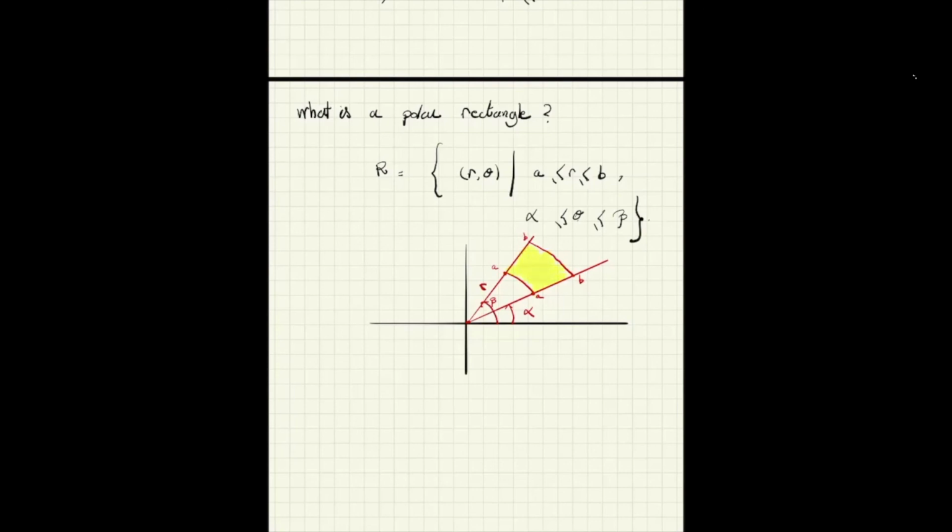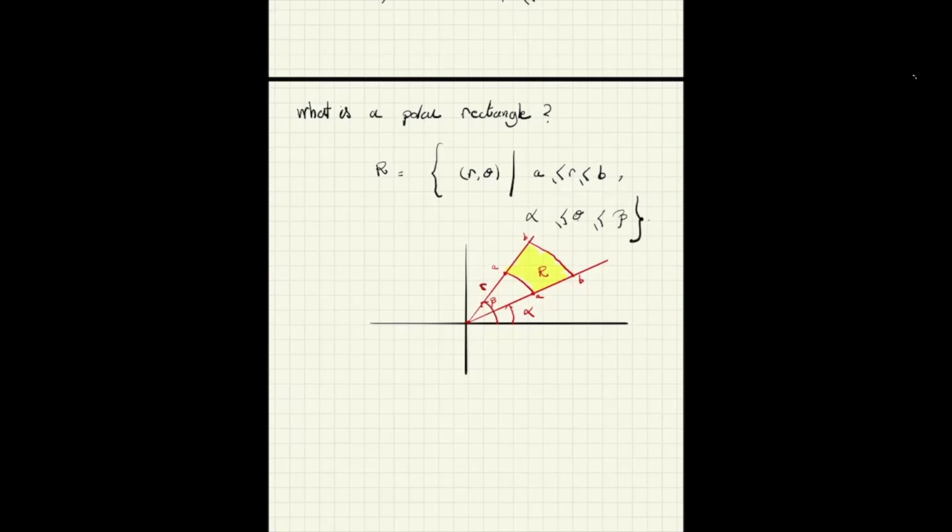So that's the polar rectangle R. This is not a rectangle that we encountered before. It's another type of rectangle, and it's very interesting.